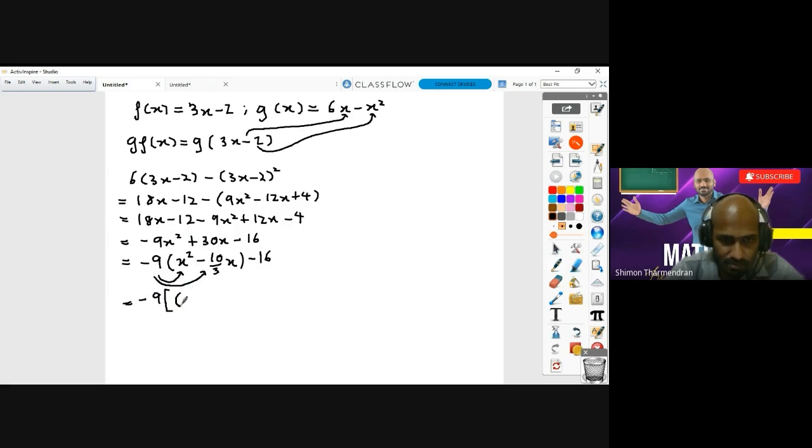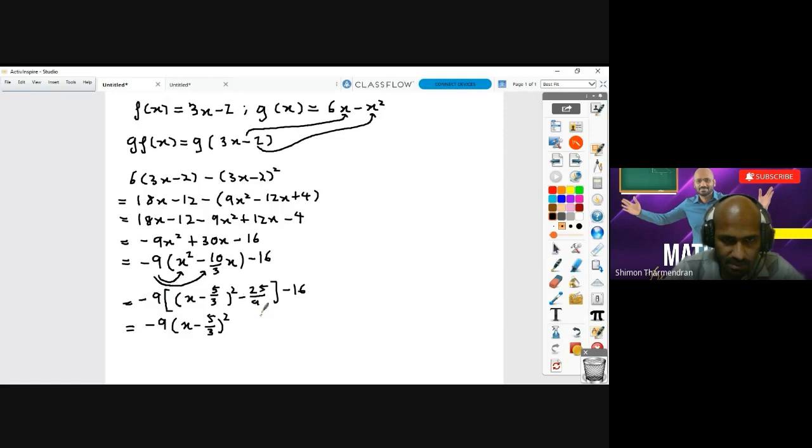So we open a big bracket, x, 10 over 3 divided by 2 giving me 5 over 3. Square outside the bracket, always minus. 5 over 3 squared is 25 over 9 here. And then minus 16. Bringing in the minus 9, we have minus 9 into x minus 5 over 3 squared.